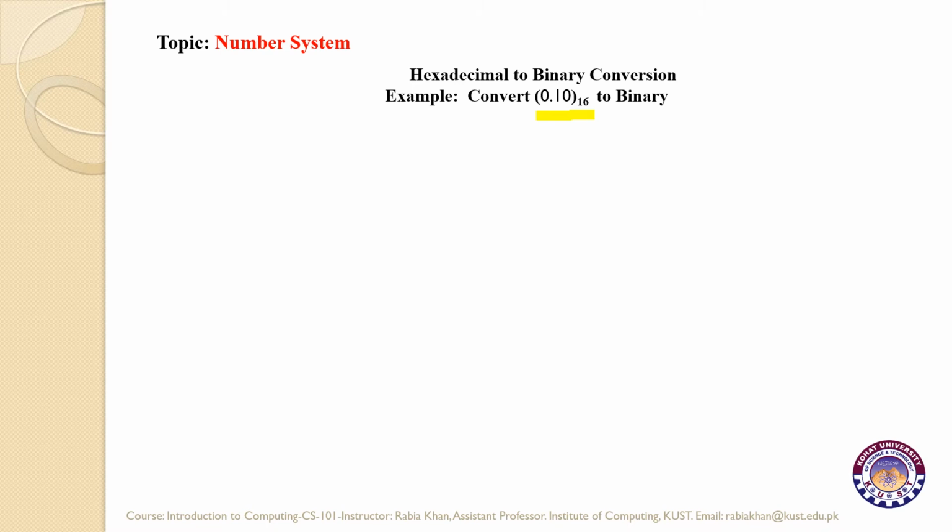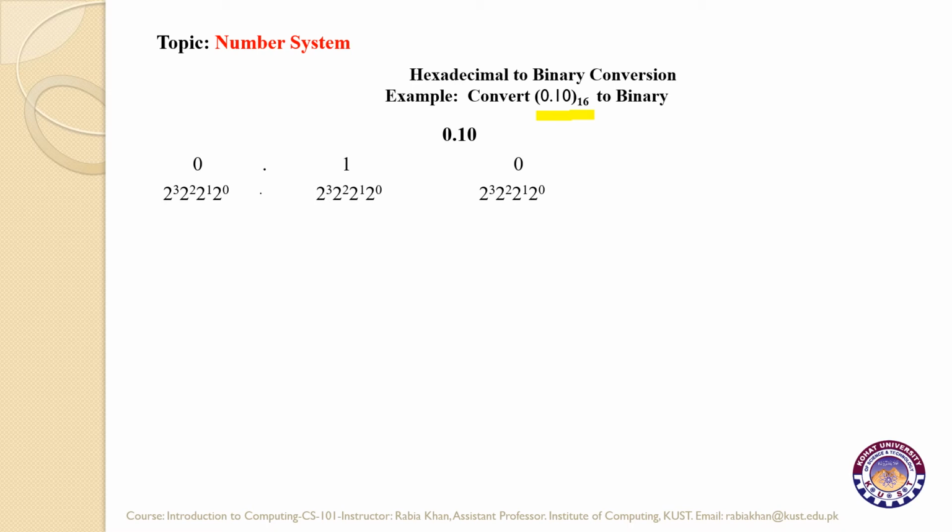So this is the reason we split every digit in a given hexadecimal number into a group of 4 binary digits. You can consult the first lecture on number system. So this is the given number 0.10, we have split them, and every respective digit has to be converted into a group of 4 binary digits. So this is how you can do it.